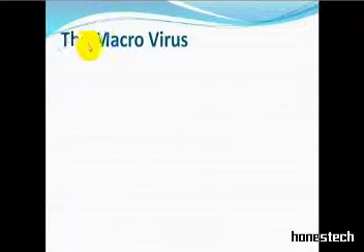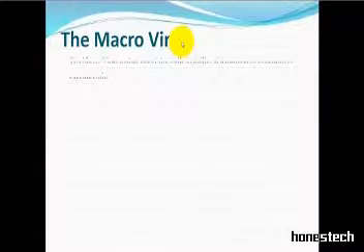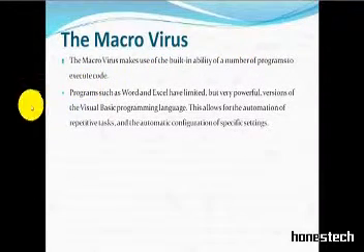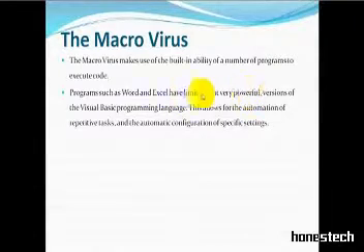The last kind of viruses: macroviruses. The macroviruses make use of the built-in ability of a number of programs to execute code. Programs such as Word and Excel have limited but very powerful versions of the Visual Basic programming language.